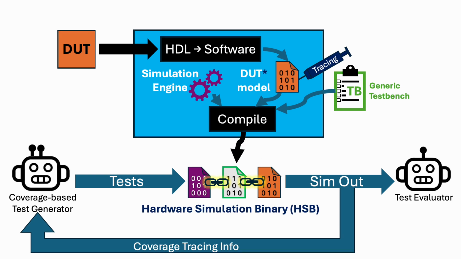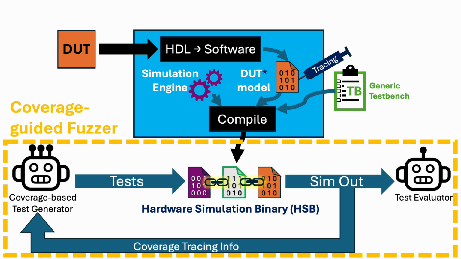So if we clean up this first part, you can see we have this block that is turning a design under test into a hardware simulation binary with very little intervention. And then once it's a hardware simulation binary, since that's all software, it can interact with a normal software coverage guided fuzzer.